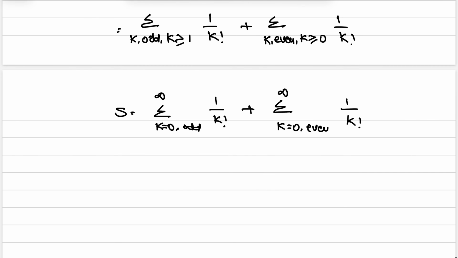When even number and odd number is added, what happens? The series will have all the numbers, all the integers. Then it can be written as sigma k is equal to 0 to infinity, even and odd, both added together. 0, 1, 2, 0, 1, 3, 5, let us say.